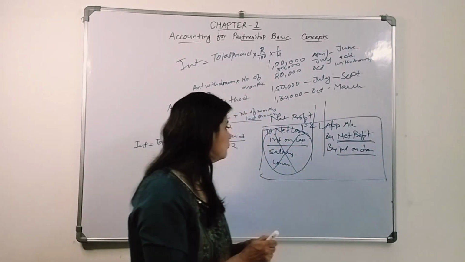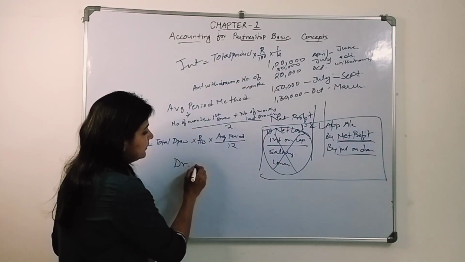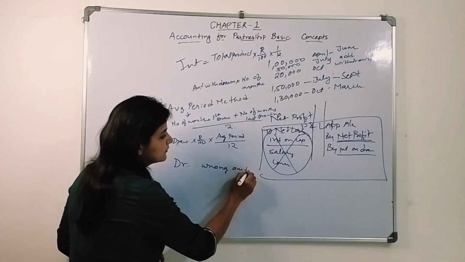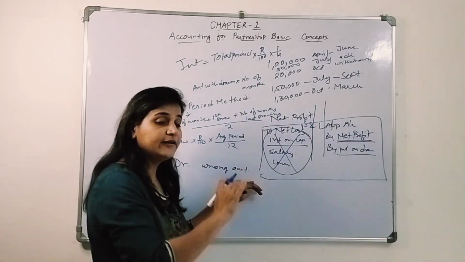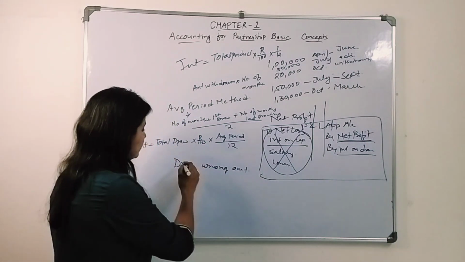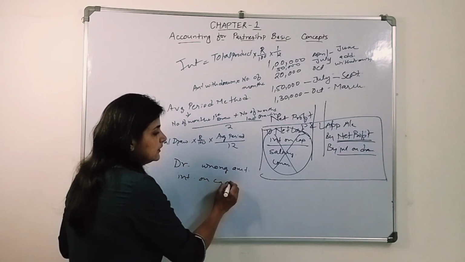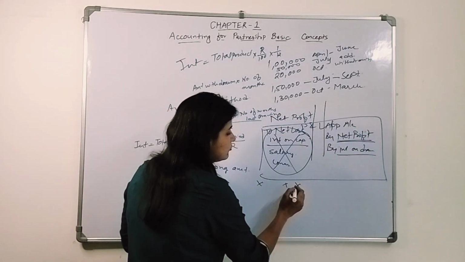So first, you will debit the wrong amount which has been credited to the partners. Now what do you need to do? Let's say you have to give interest on capital to the partners.